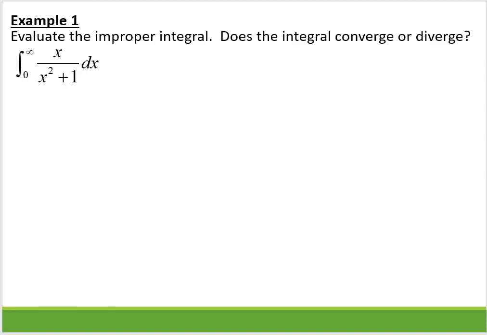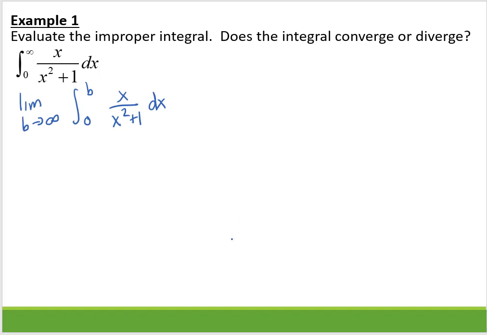So another example for you. I tried to limit the amount of examples. I tried to pick some good examples for us. So again, you have to write this as the limit as b goes to infinity of the integral from 0 to b of x over x squared plus 1 dx.